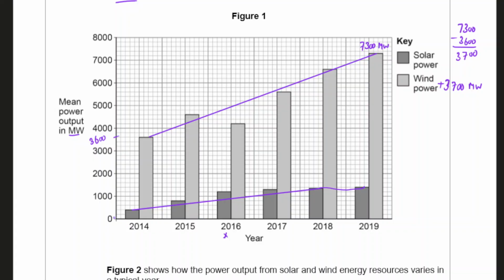Solar, it went from 400 to a maximum of 1,400. So solar only increased by 1,000 megawatts.